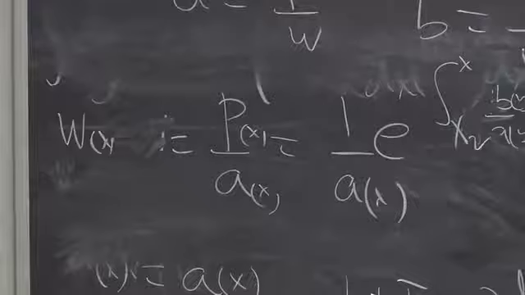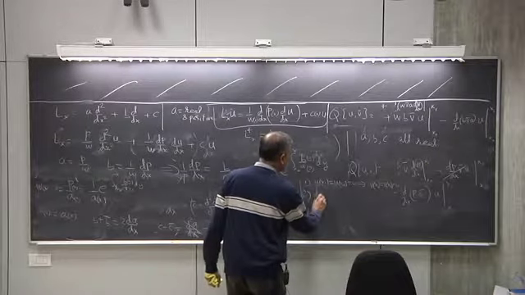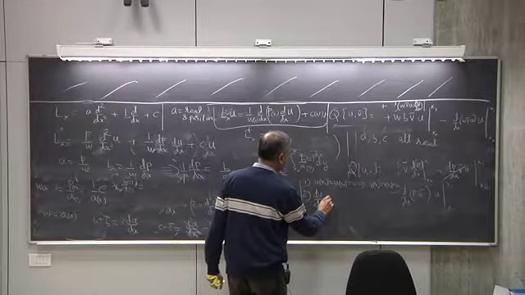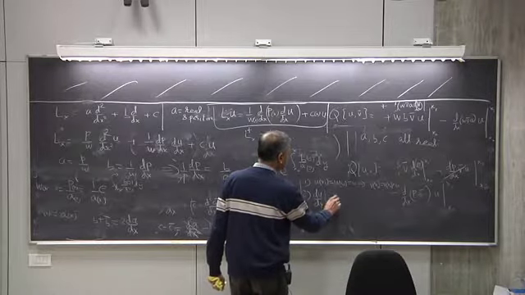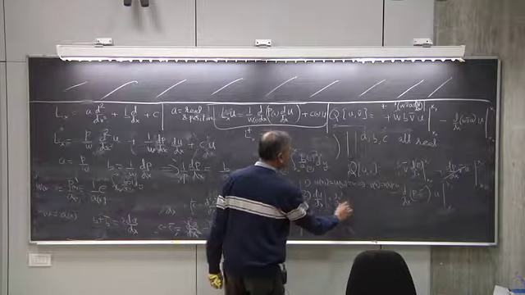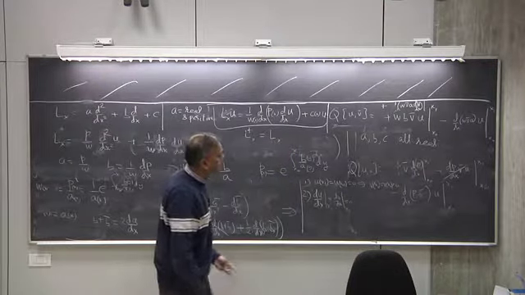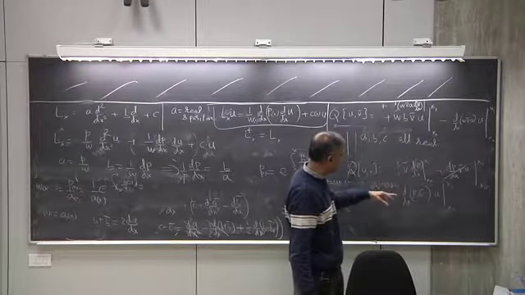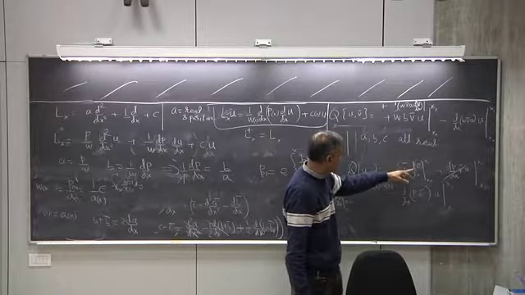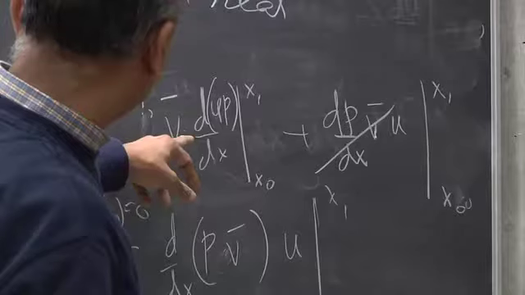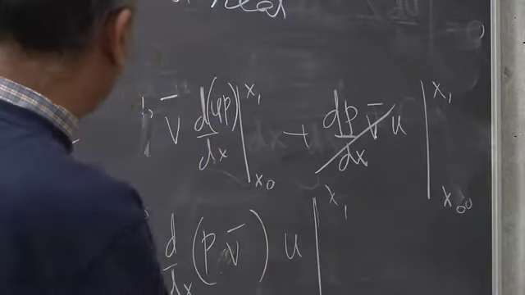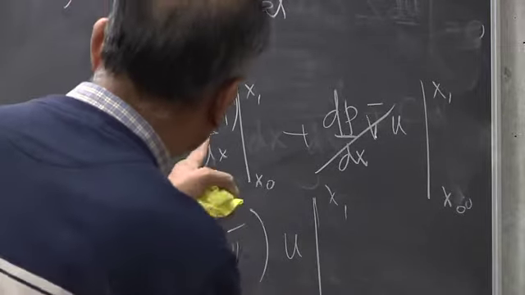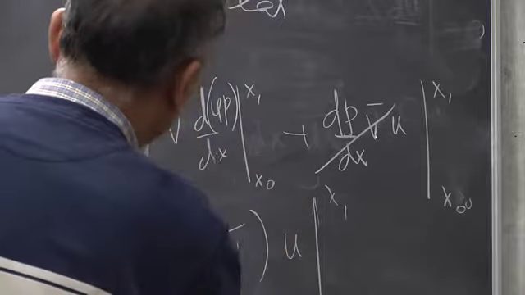Second, if I take the Neumann boundary condition, du by dx at x1 equal to du by dx at x0 equal to 0, let's see what happens here. In this case, du by dx cancels. It's better to open this up.